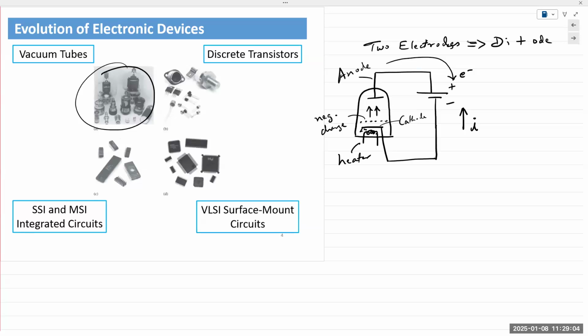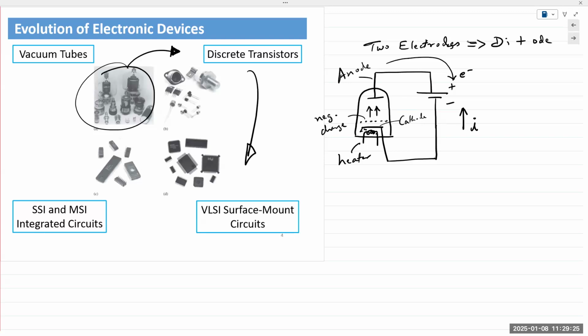Anyway, so from vacuum tubes, we went to discrete components. Those discrete components were transistors, the earliest ones. And from those, just a few years later, was the invention of the integrated circuit, IC.